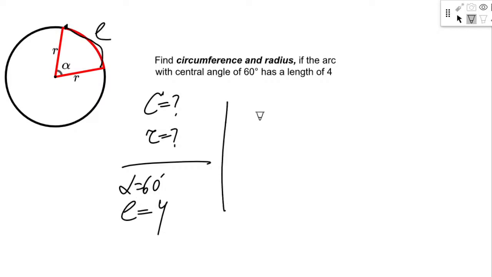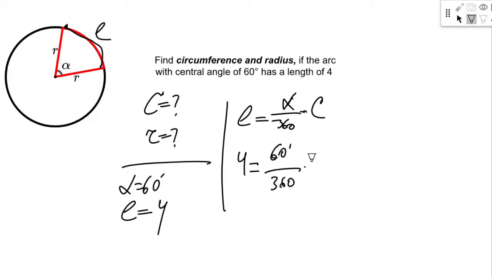We know that L equals alpha divided by 360 multiplied by C. Putting in all we have, we get 4 equals 60 degrees divided by 360 multiplied by C.